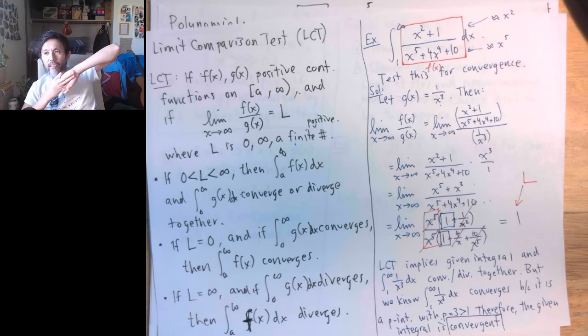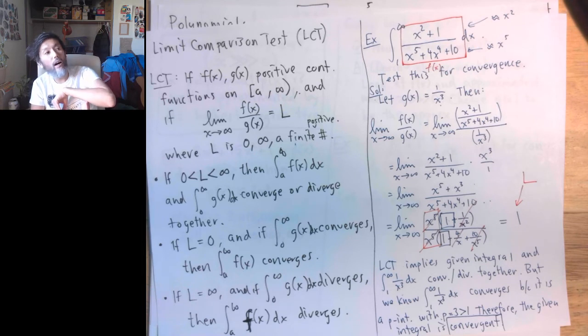Oh, somebody asked, is g of x always going to be a p integral? I'll say it like this. When you ask a question like, is it always going to be something? The answer that I'm always going to give is no. But I just want to qualify that no in the following way. P integrals are going to be an extremely rich source for g of x.